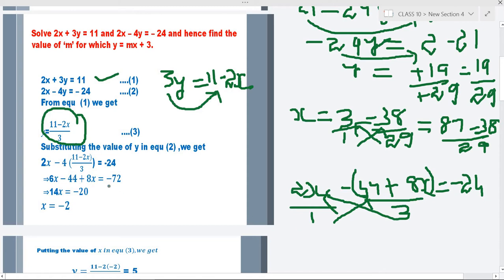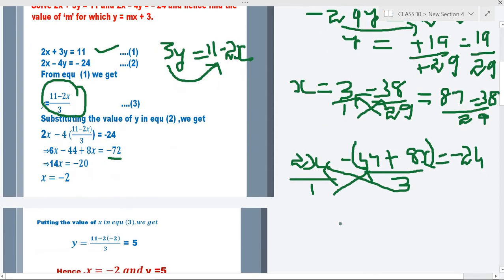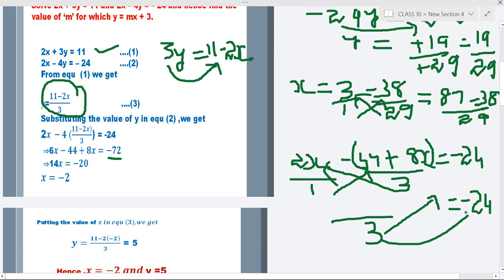Now how did we arrive at 72 in RHS? Then here what will happen? We'll take the denominator common, isn't it? In LCM we take the denominator common. And this denominator will move to the RHS. Hence what will we get? 24 into 3, which is 72.